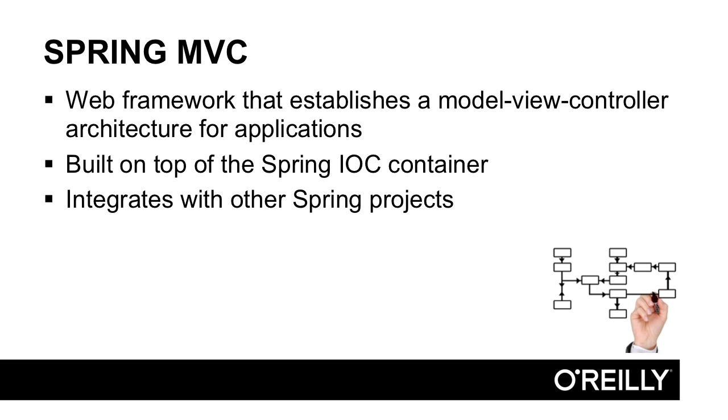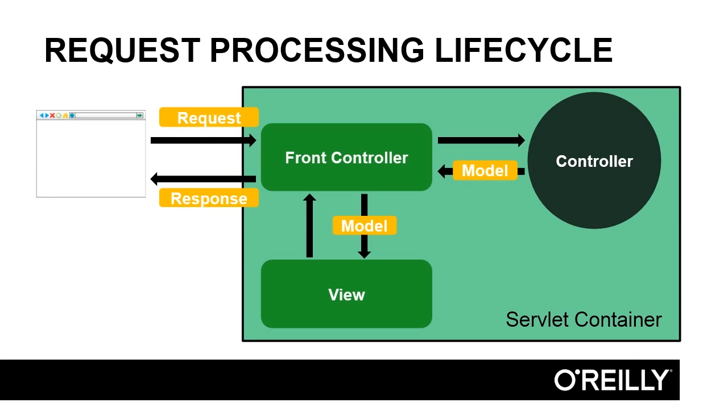For example, if we wanted to use Spring Data or Spring's Hibernate integration or Spring Security within our Spring MVC project, it easily ties in because it's built by the same group of individuals and they have provided mechanisms to integrate the different projects together. It's very common to see Spring MVC used with Spring Data or Spring Security.